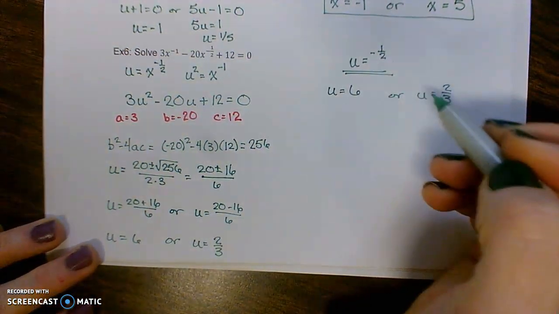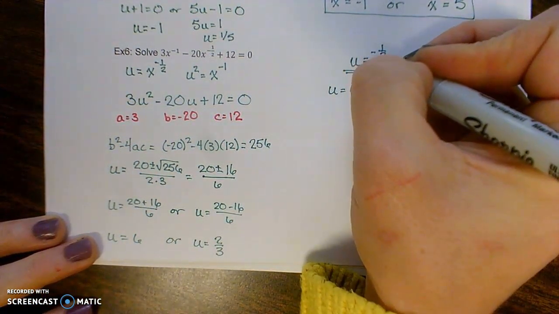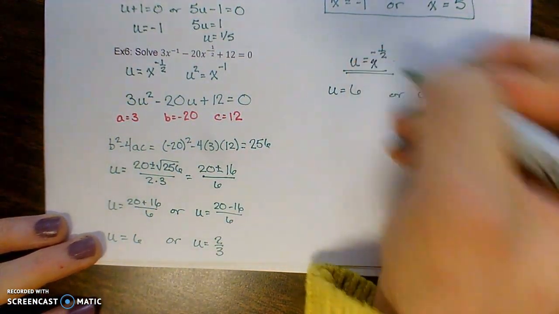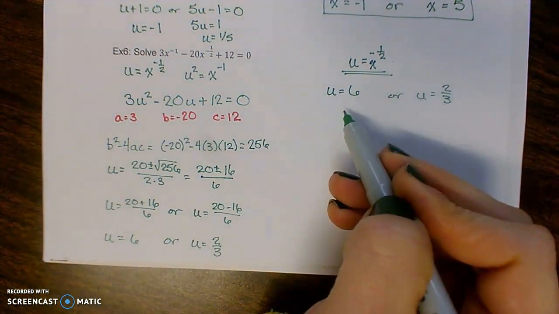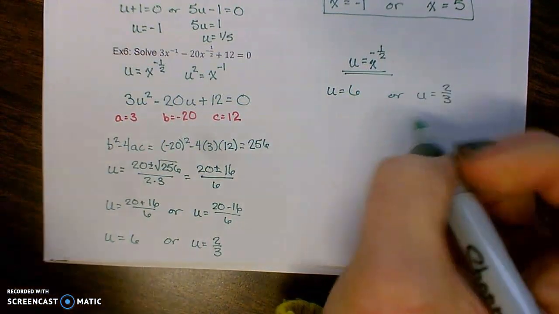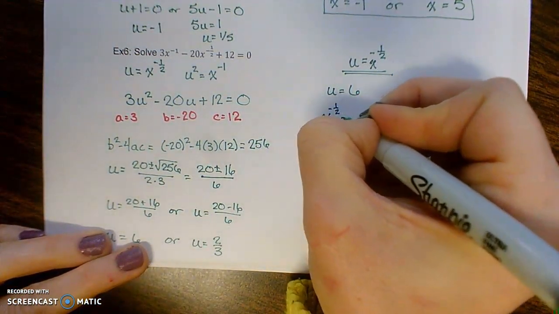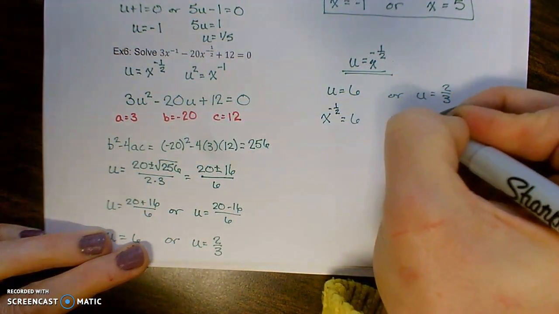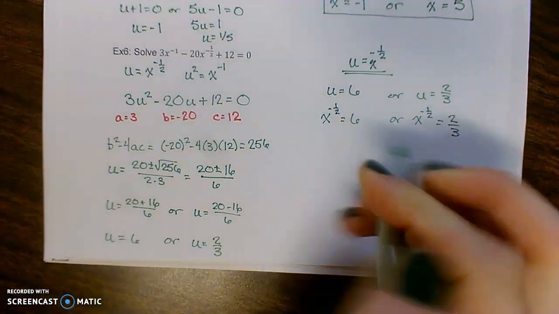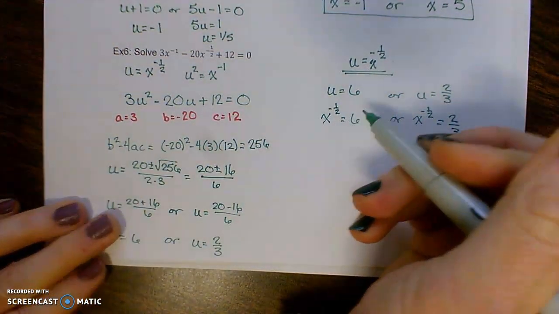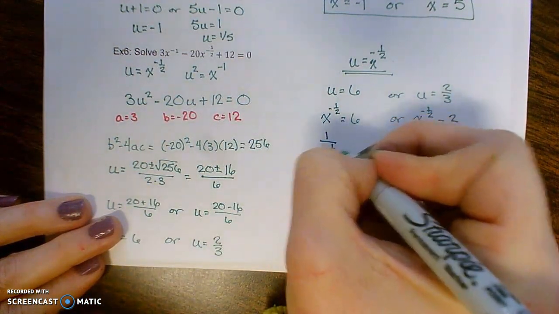And now let's resubstitute. u is x to the negative 1/2, so I'll replace u with x to the negative 1/2. x to the negative 1/2 equals 2/3. Okay, now I have to know what x to the negative 1/2 means. That's 1 over x to the 1/2, right?